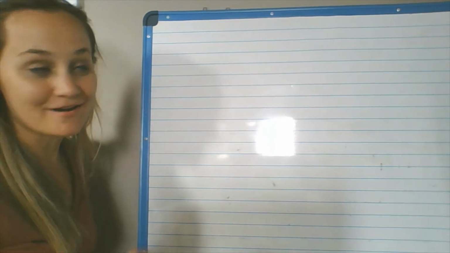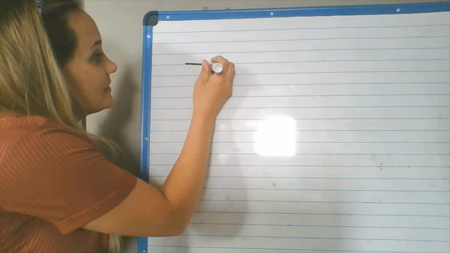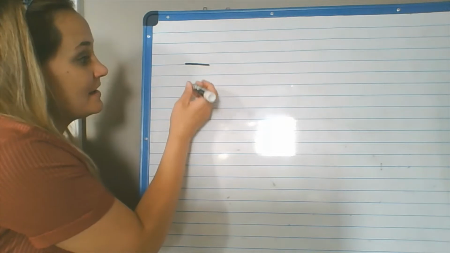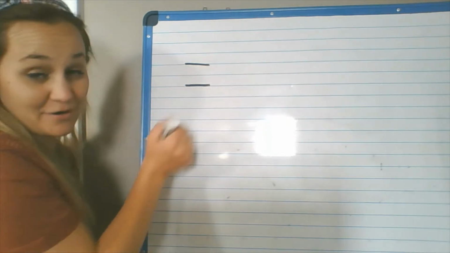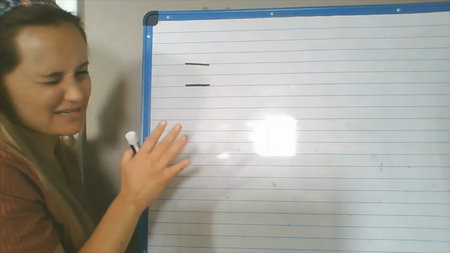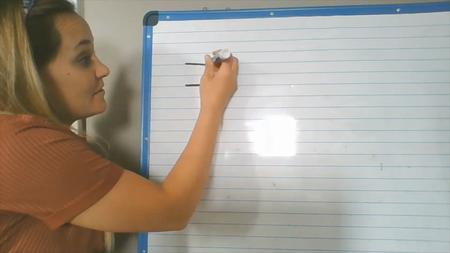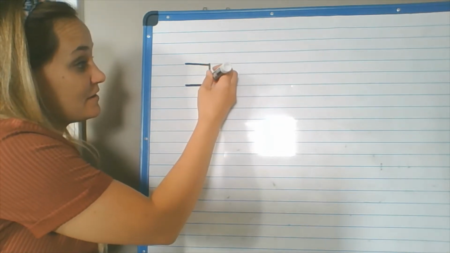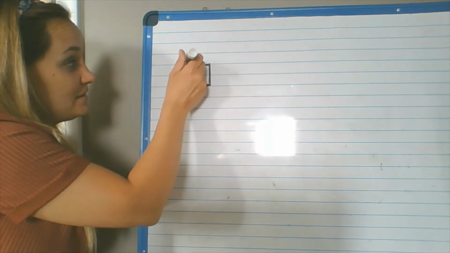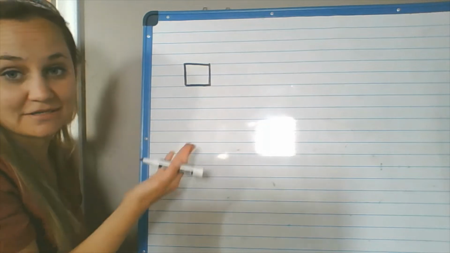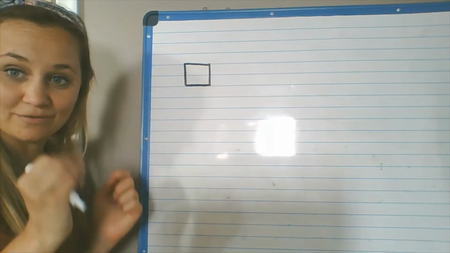Let's draw a square. First, we draw a line on the top. Second, we draw a line on the bottom. They're about equal in length, as equal as we can get it. Third, connect these with a line going up and down. And fourth, connect these with a line going up and down. Now it looks like a frame. It looks like a cute little square.